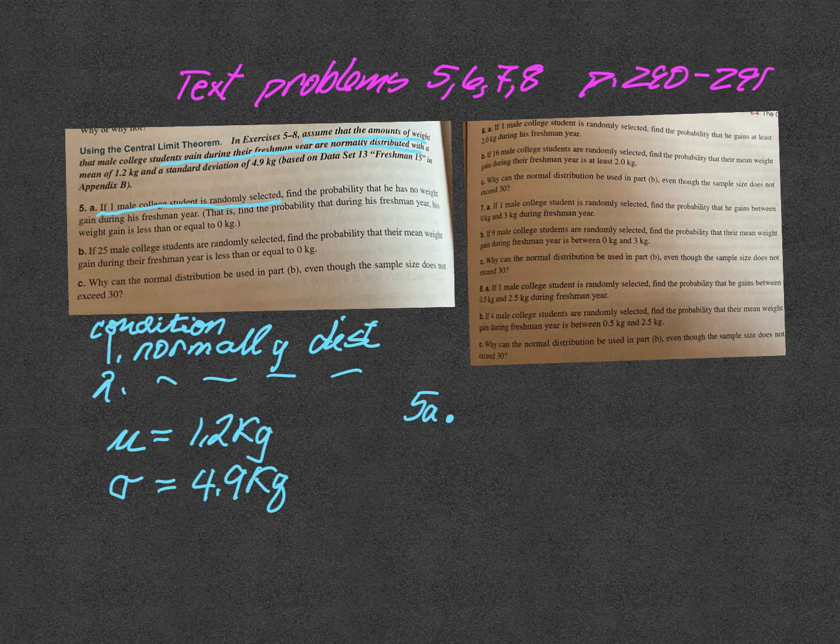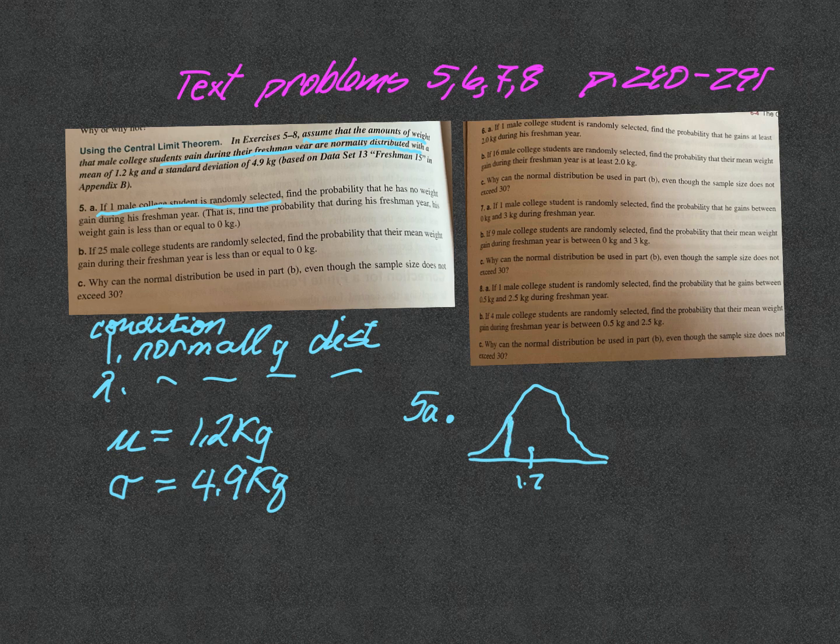So essentially, this is a normal curve of data. My mean is at 1.2 kilograms, okay? But I want to find the probability that his weight gain, he has no weight gain. So he actually loses weight or he gains 0 pounds.